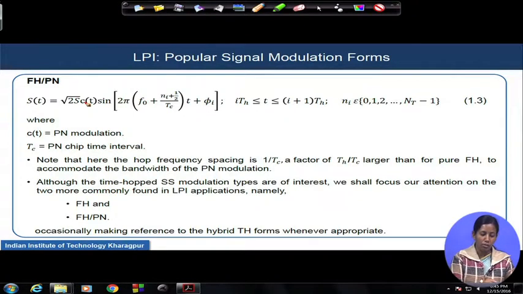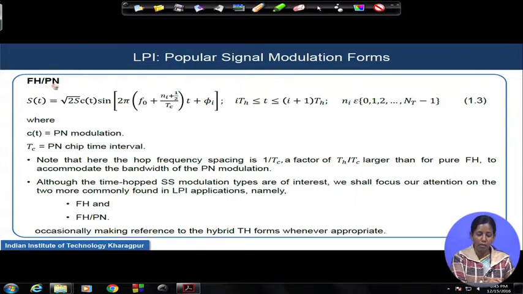Direct sequence modulation and PN modulation are incorporated here. Tc is the chip duration of the chip sequence utilized for the direct sequence spread spectrum communication. Please note here that the hop frequency spacing will be 1/Tc, which is a factor of Th/Tc times larger than pure frequency hopping.